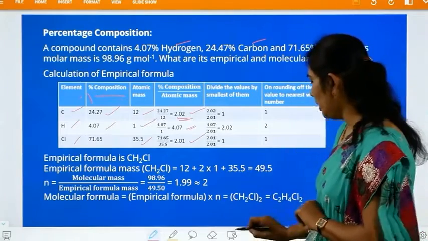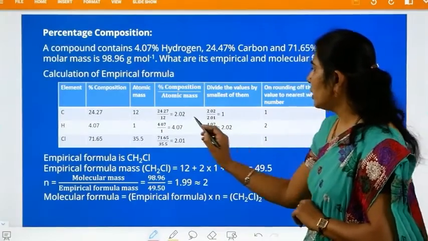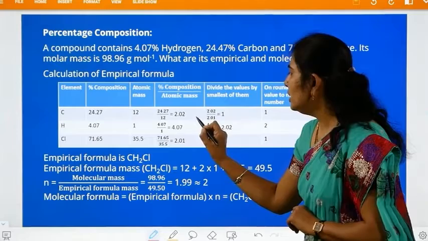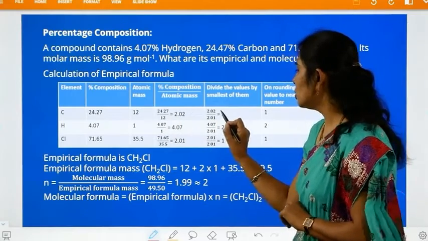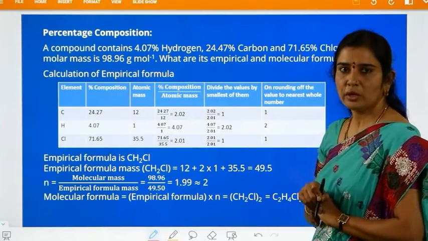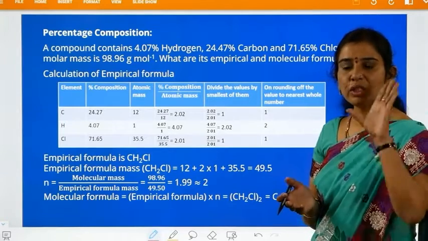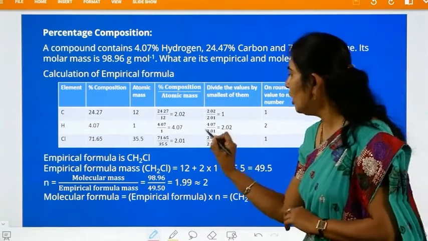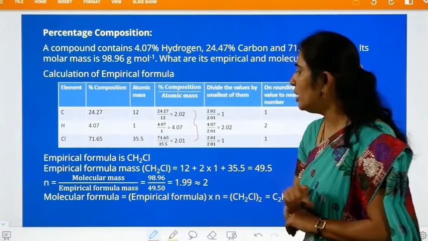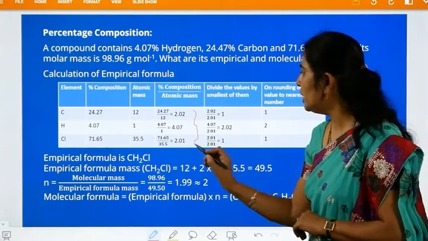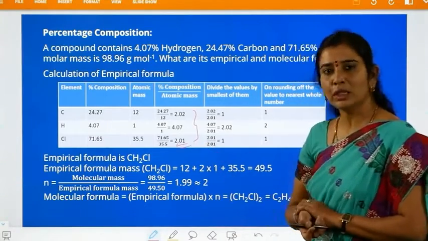Second step, now I am telling. Here, the ratio for carbon is 2.02. I am now converting from the ratio to the least number. Among these 3 ratios, which is the least number? 2.01 is the least number.